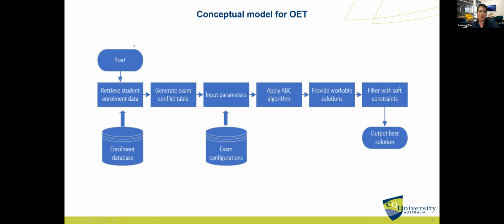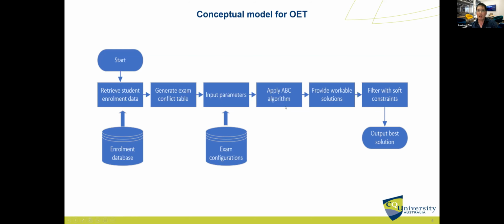Based on the scenario of the university, I propose this conceptual model. Firstly, we will retrieve the student enrollment data, and then we will generate an exam conflict table. I will mention that later. After that, we will input some parameters such as the durations, the number of students, and the length of the whole examination week.